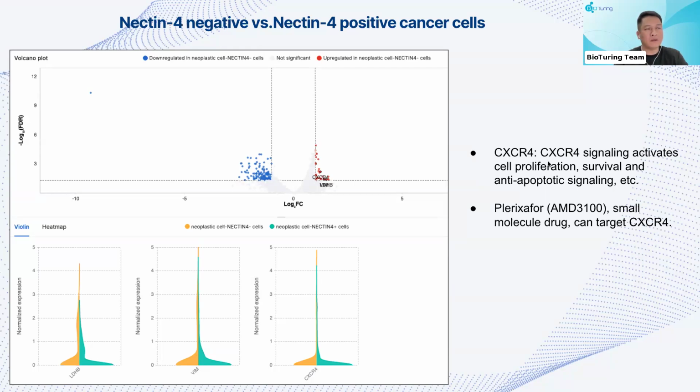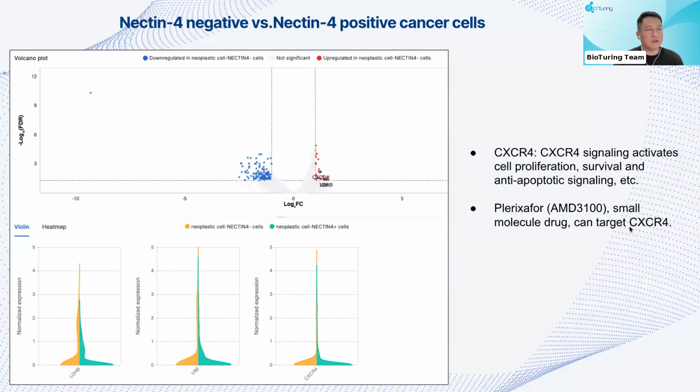CXCL4 is a signaling molecule that activates cell proliferation, survival, and anti-apoptotic signaling. And there is also an experimental drug, ADM3 100, a small molecule that can target CXCL4.